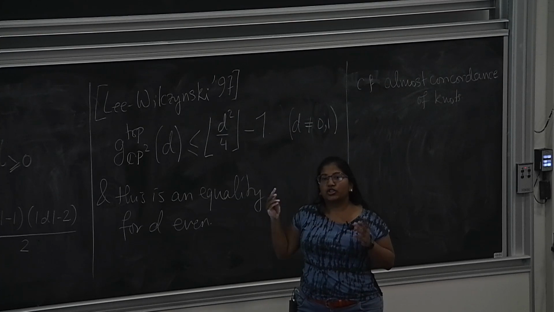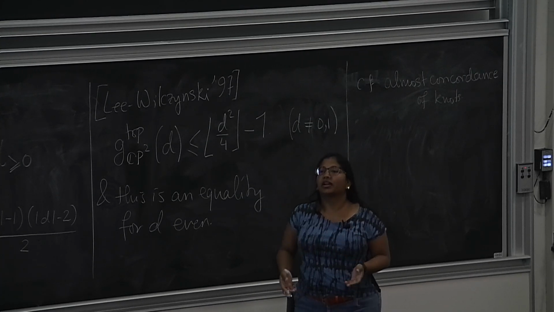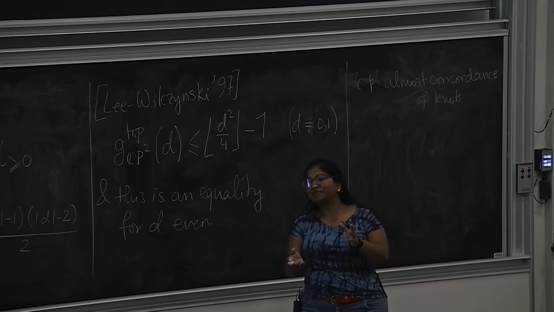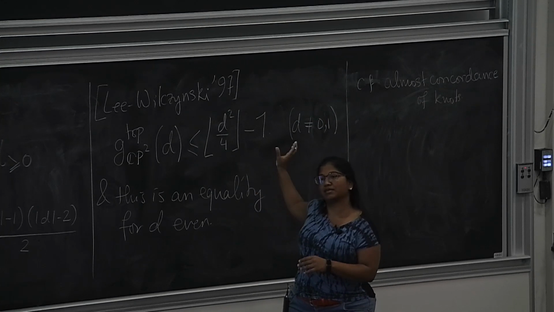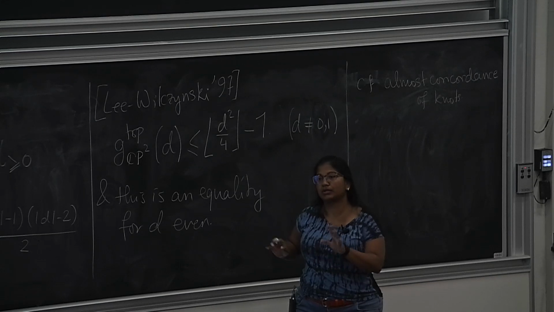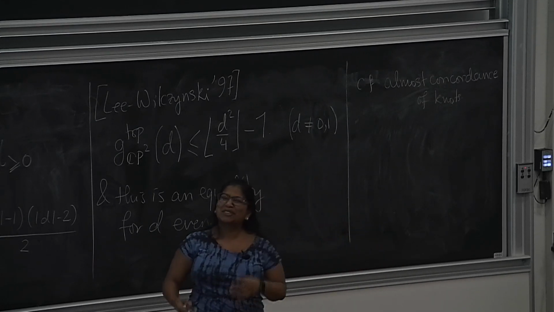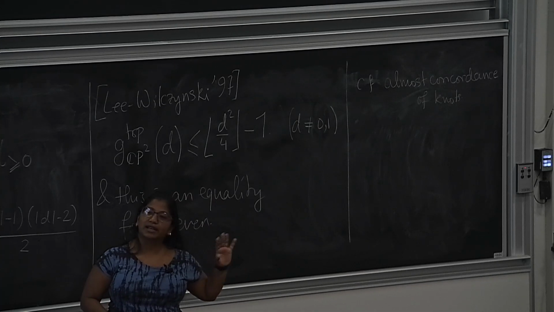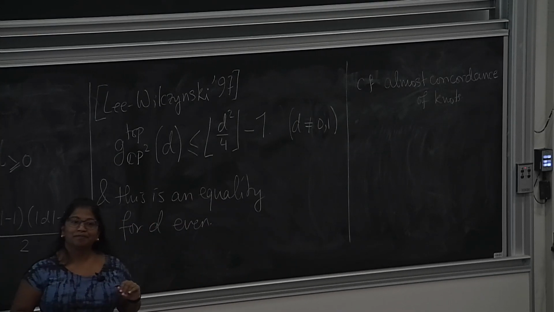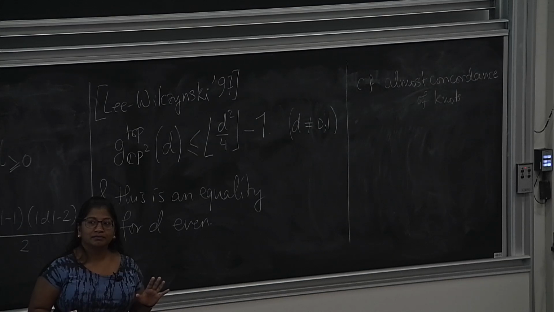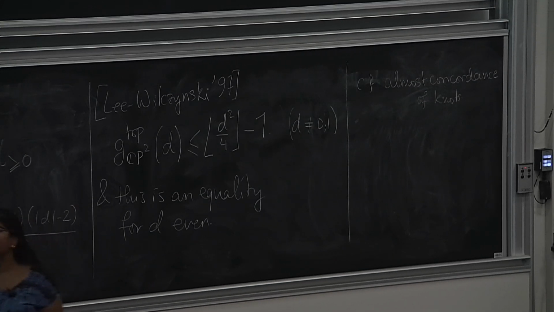And there it was shown that not all knots are almost slice. And so in the relative setting, this might be something interesting to you. But I'm not going to talk about this right now, but that's why I feel like even in the absolute setting, the answer is probably no.